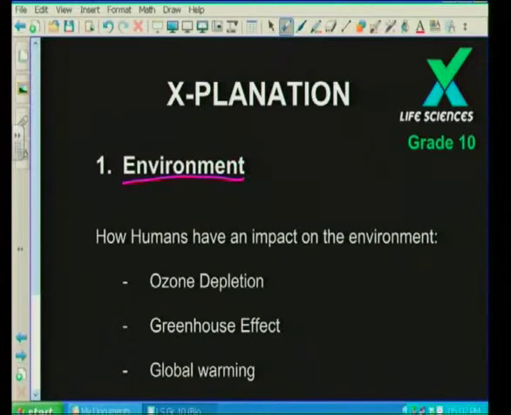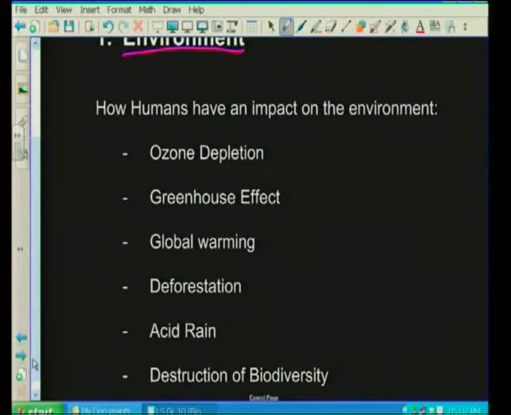Now what is very important that we are going to look at today is how humans have an impact on our environment. Just to stand still at this little word, humans. Now, we know that the human population has increased tremendously over the last few hundred years.